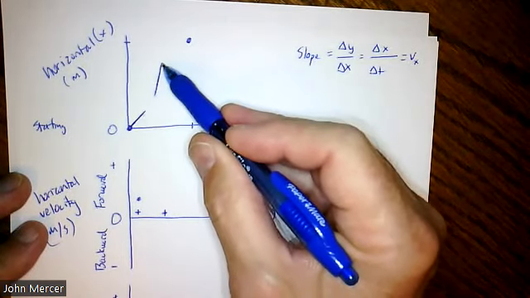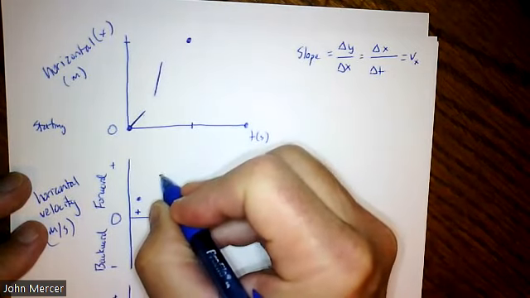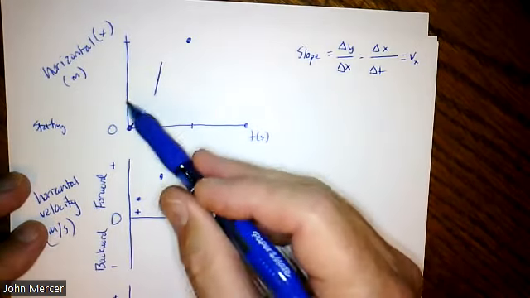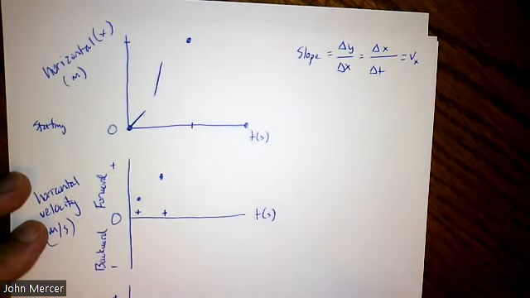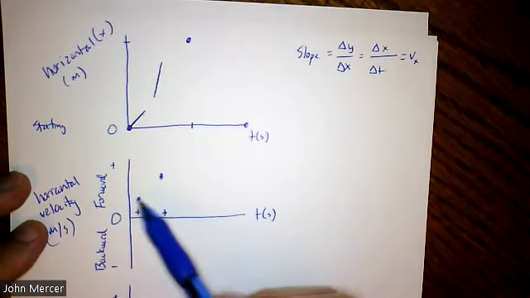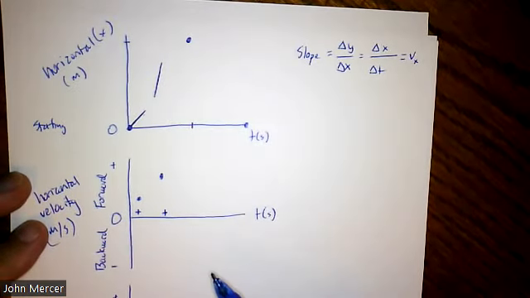That's a steeper, positive slope than this one. So that means the magnitude of velocity is greater. All right, so I haven't done any math, but I'm looking at the relationships here of what's happening of the horizontal position over time and actually getting information about velocity over time. I know that velocity is positive in both of these regions and that velocity was this much, whatever that number is, and velocity was greater over here.